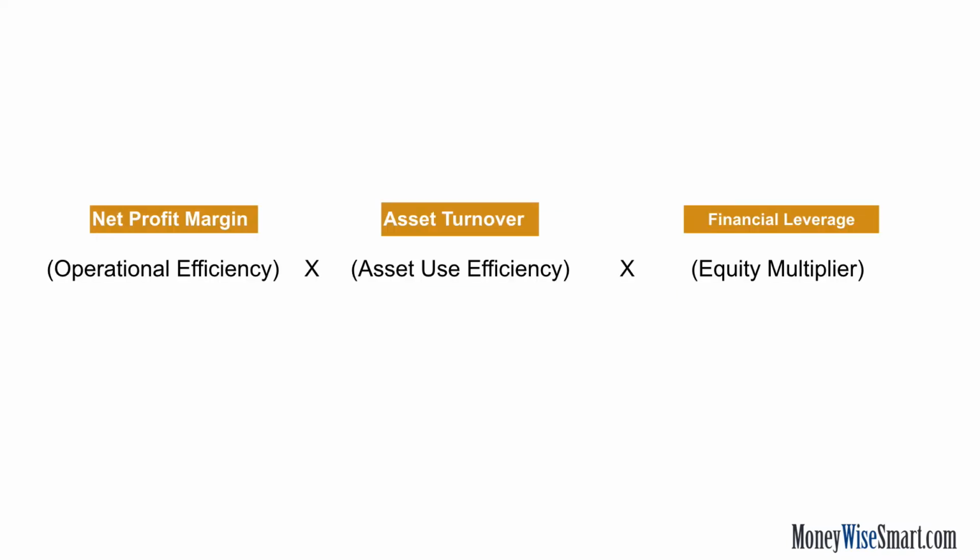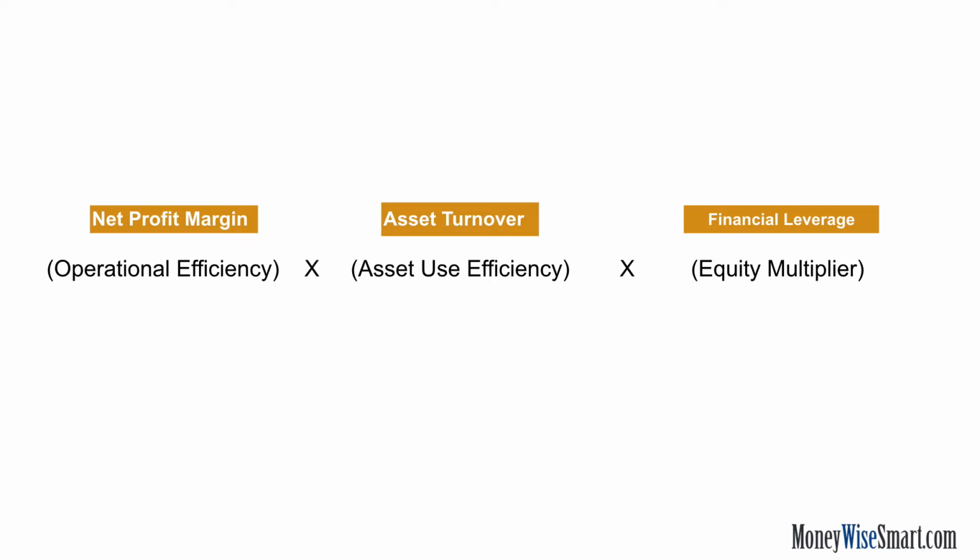So the return on equity can be expressed as a product of my operational efficiency, which my profit margin gives me, my asset use efficiency, which is how efficiently I'm using the assets to generate the revenues, and the financial leverage, which is the equity multiplier. Now, if I use some leverage, my return on equity would be higher than my return on assets.